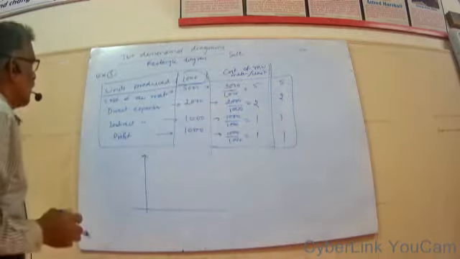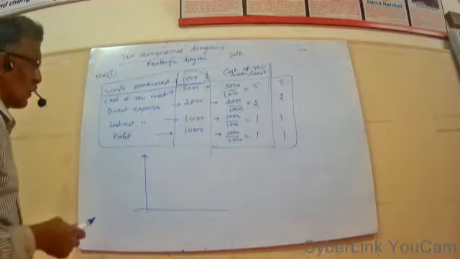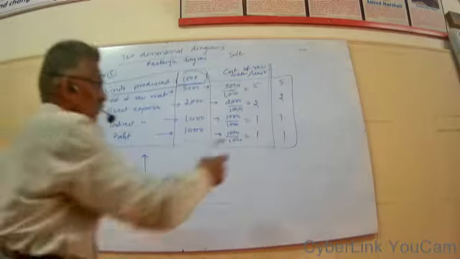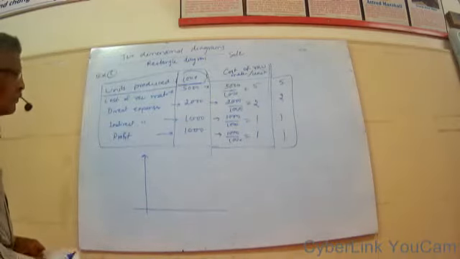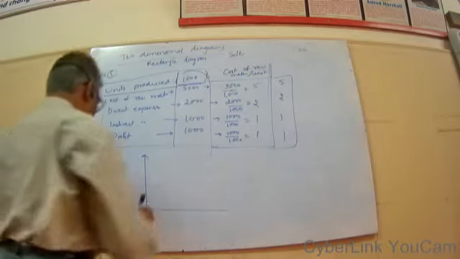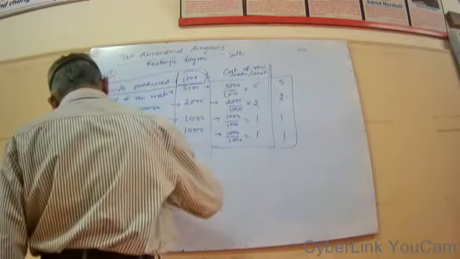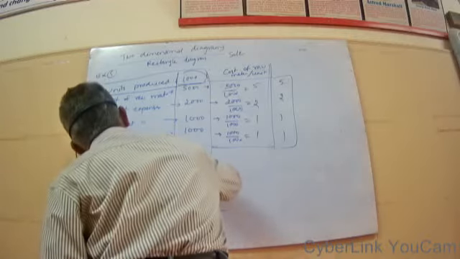So per unit area 1, there are 5 units. Here cost and profit.